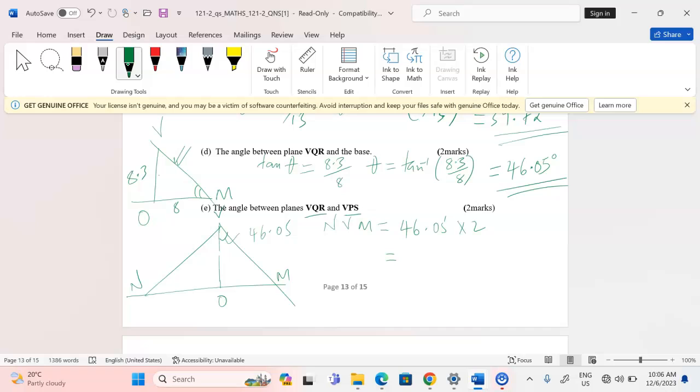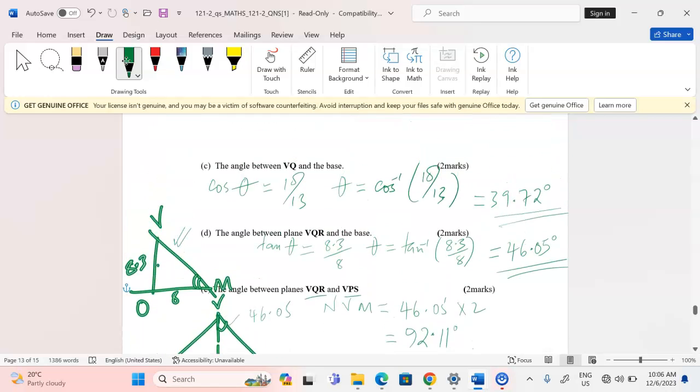When I multiply by 2, I have 92.11 degrees. So that is the angle between the two planes.